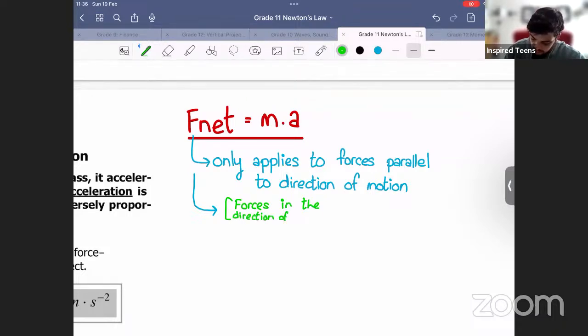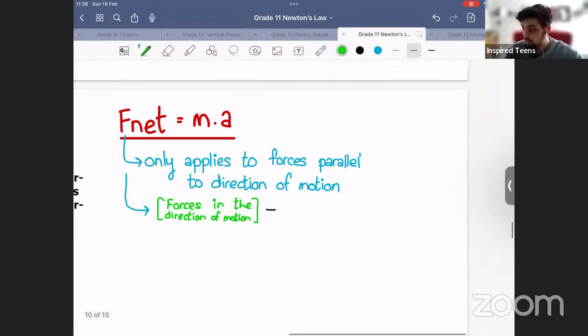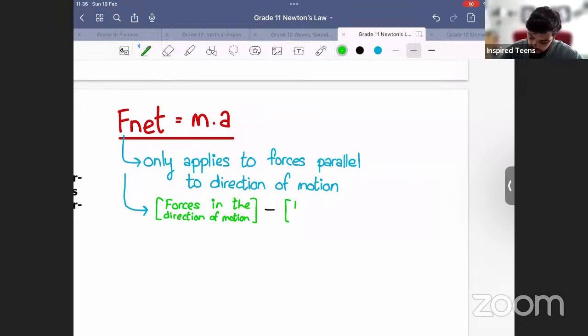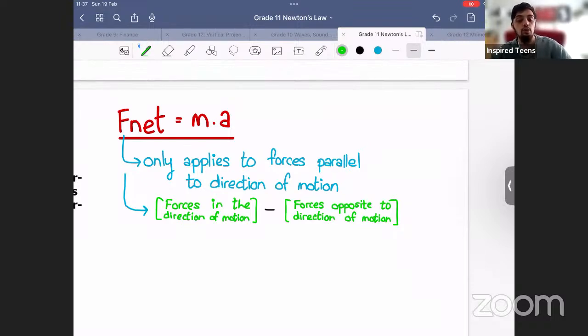Direction of motion is the direction in which the object is traveling, minus forces opposite to direction of motion. Okay, forces in the direction of motion is F net all forces.